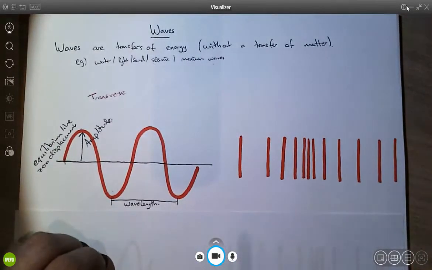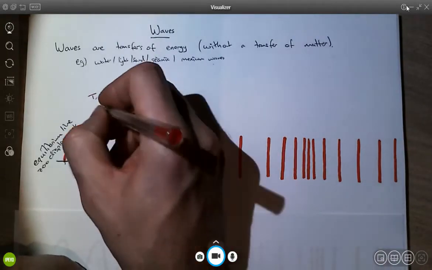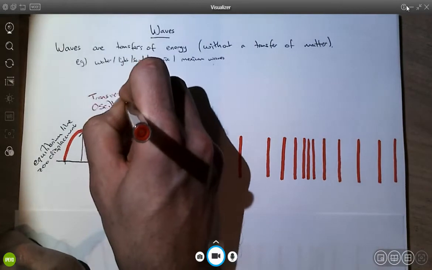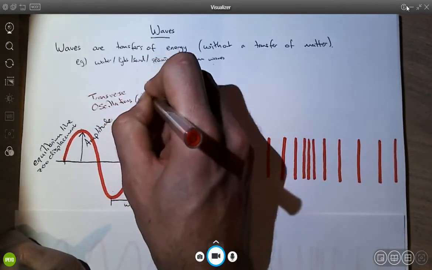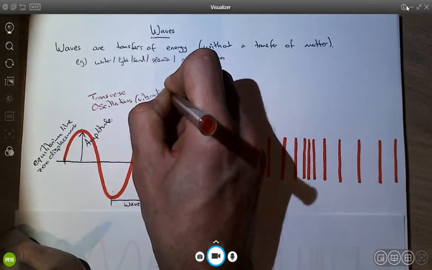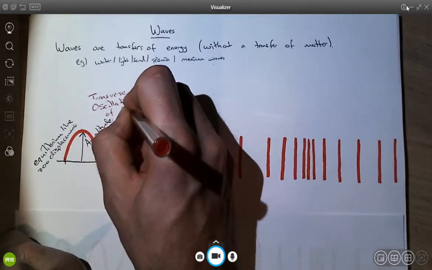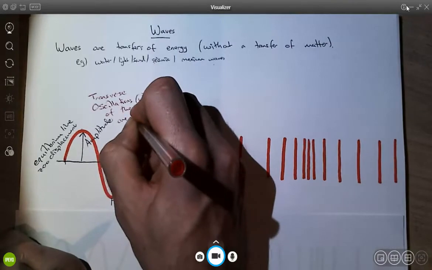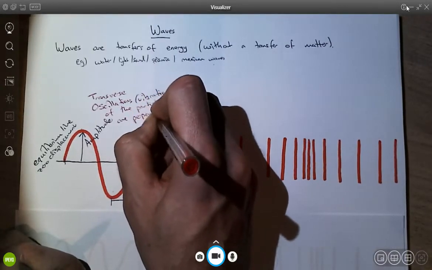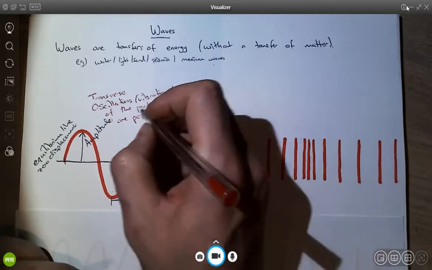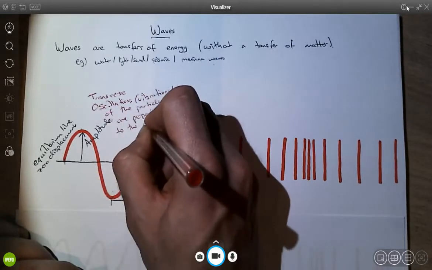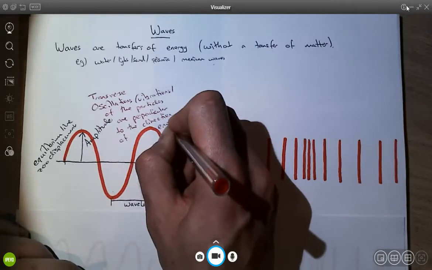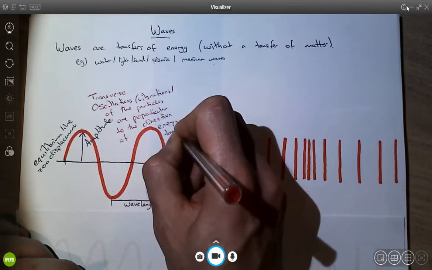So what distinguishes a transverse wave? The oscillations, which means vibrations, of the particles are perpendicular, so at right angles, to the direction of energy transfer.